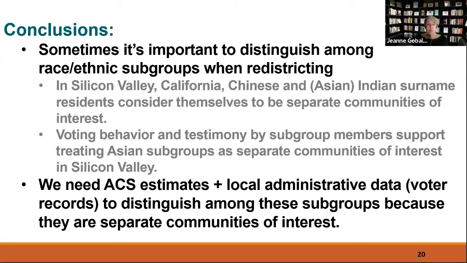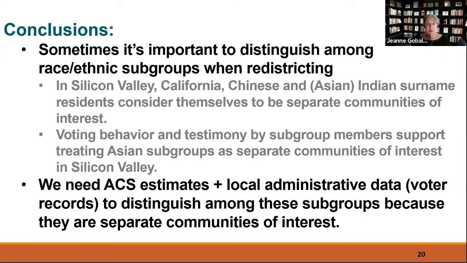So we need data from three sources in order to account for all of this. We certainly need the PL data for districting counts. We need American Community Survey estimates of the citizen voting age population by race and ethnicity, and we need the local administrative data, in this case voter data, in order to distinguish among these separate communities of interest.